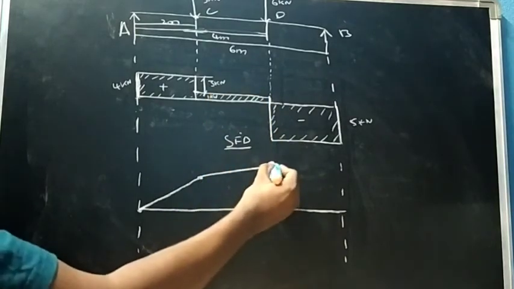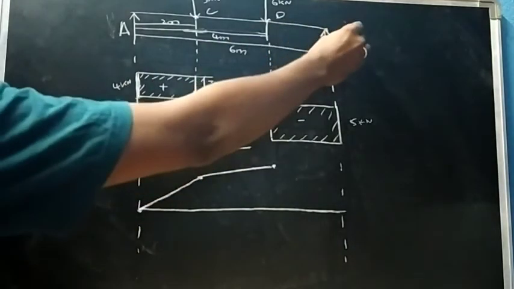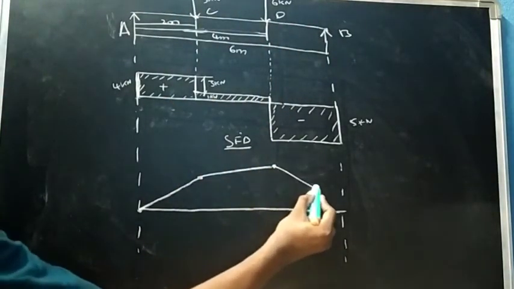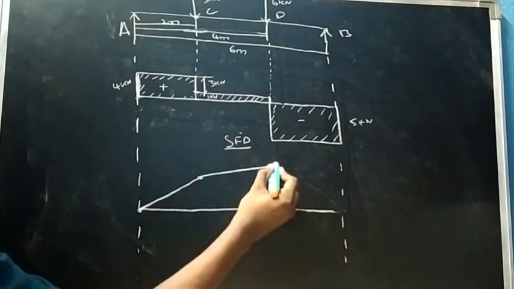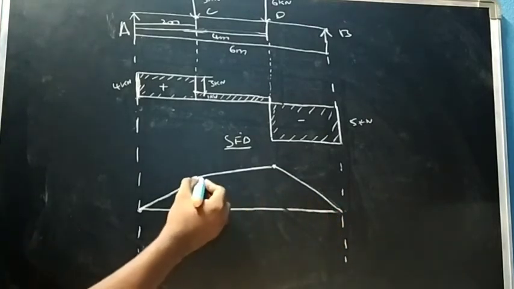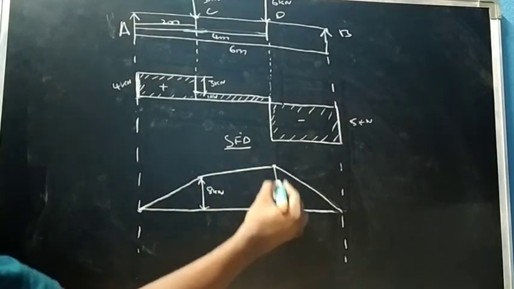So now from here it is 0 for moment at B, so just join this line back to 0, right? So I can write here, this is 8 kilonewton meter and this is 10 kilonewton meter.